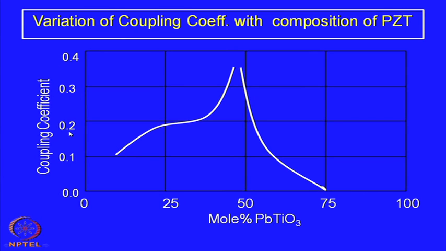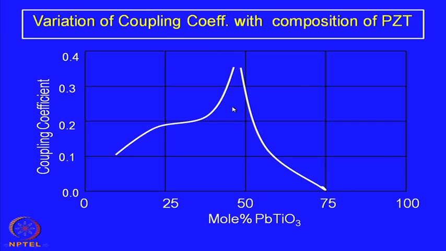As we have discussed earlier, it is the ratio of the output energy to the input energy. And one can see the coupling coefficient is not only a function of the composition, but it goes to a maximum exactly at the morphotropic phase boundary. Okay.